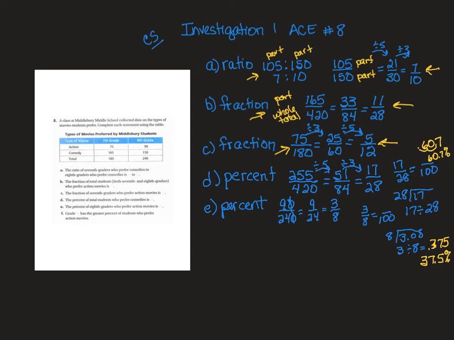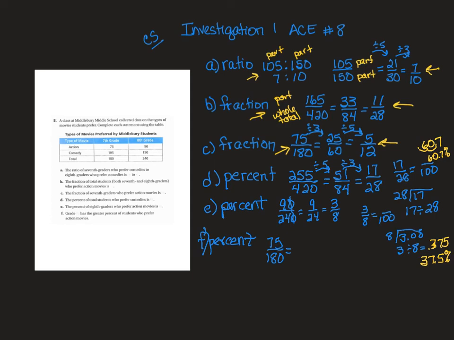In F, they want to know which is greater, the percent for 7th grade or the percent for 8th grade. So we already have the percent for 8th grade. That is 37.5. So let's find the percent for 7th grade. So 7th grade would be, this is action, so it's going to be 75 over 180, okay?